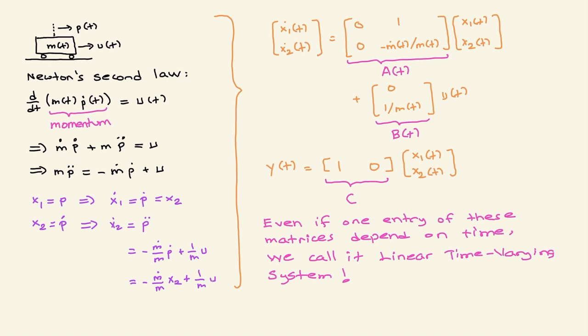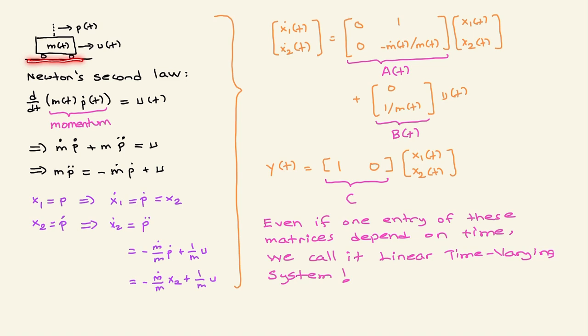So your mass changes with respect to time. I am not going to do a very general aircraft example that involves a lot of complexity. So let's focus on this cart with this simple mass that varies with respect to time.